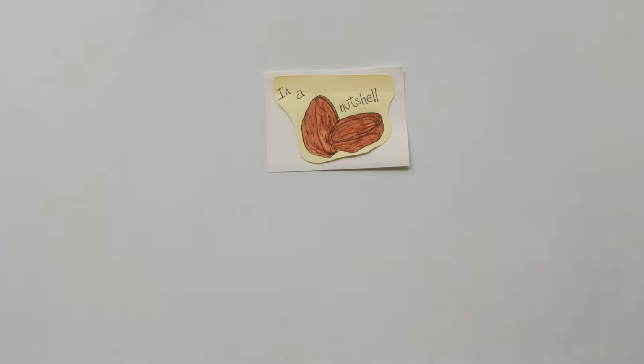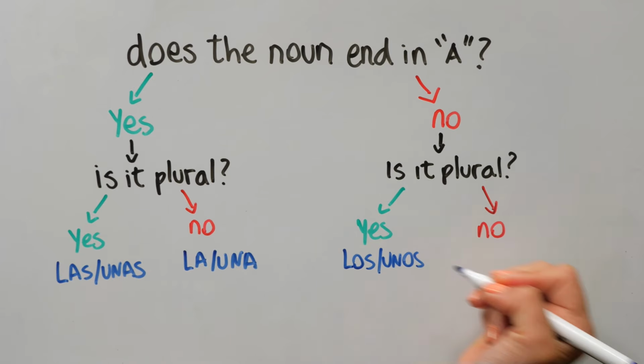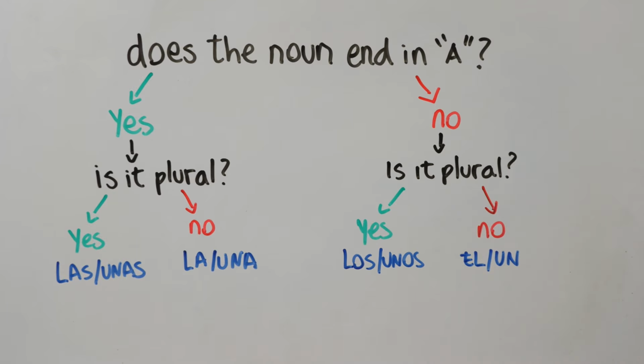So, in a nutshell, this is a quick diagram in order for us to realize the thought process that goes into deciding if the word is singular, plural, masculine, or feminine. We're going to be using it at first, and then eventually it's going to come naturally to us once we're fluent, and we won't even have to think about it anymore. So we should ask ourselves, does the noun end in A?